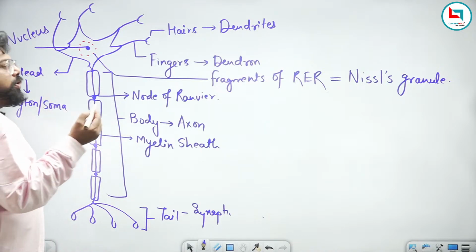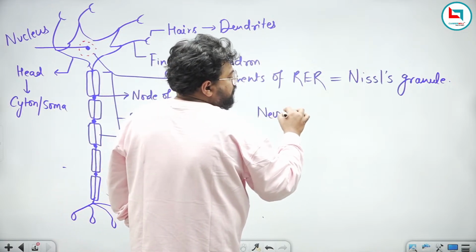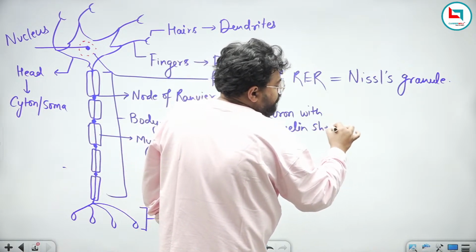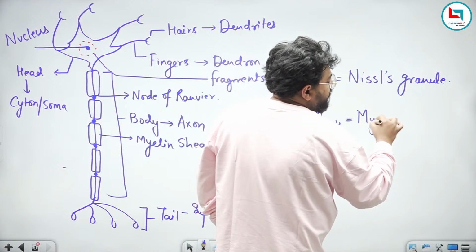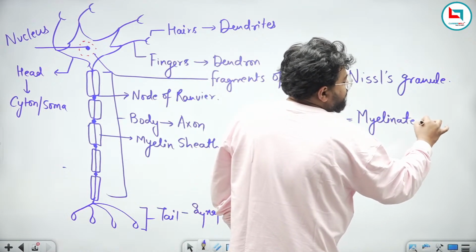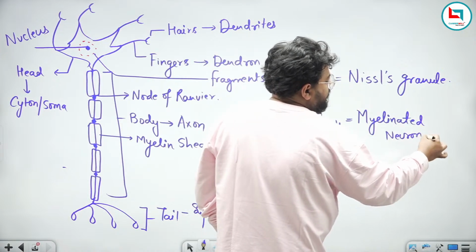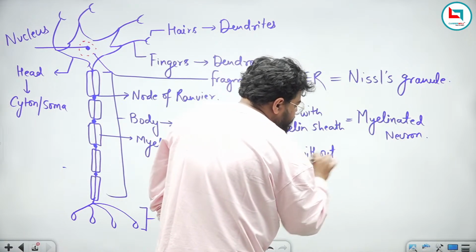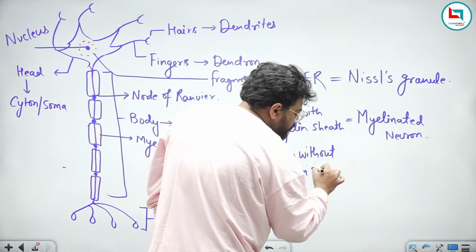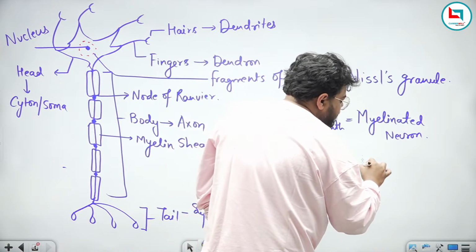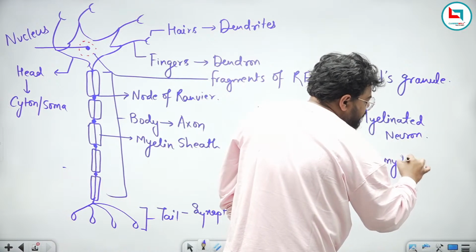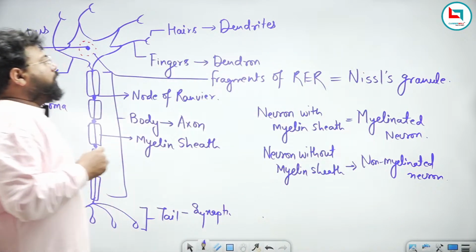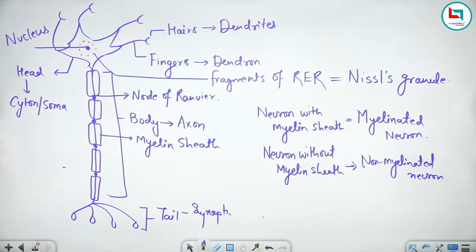Such type of neuron with myelin sheath is said to be a myelinated neuron, and many neurons do not have this myelin sheath, and such type of neuron without myelin sheath is said to be a non-myelinated neuron. So that is the structure of a typical neuron.